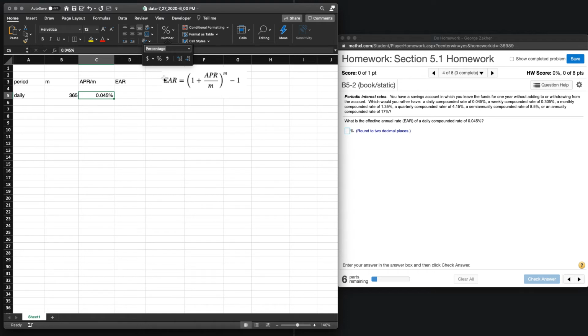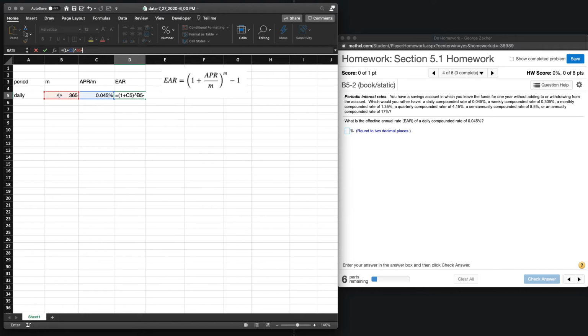So in terms of figuring out our ERA, well, we'll just plug it into the formula that we have here, okay? So it's 1 plus, remember, the APR over M, that's what is given to us, which is our periodic interest rate. Okay, it's going to be to the power of 365. In other words, our number of compounding periods, and we're going to subtract 1.